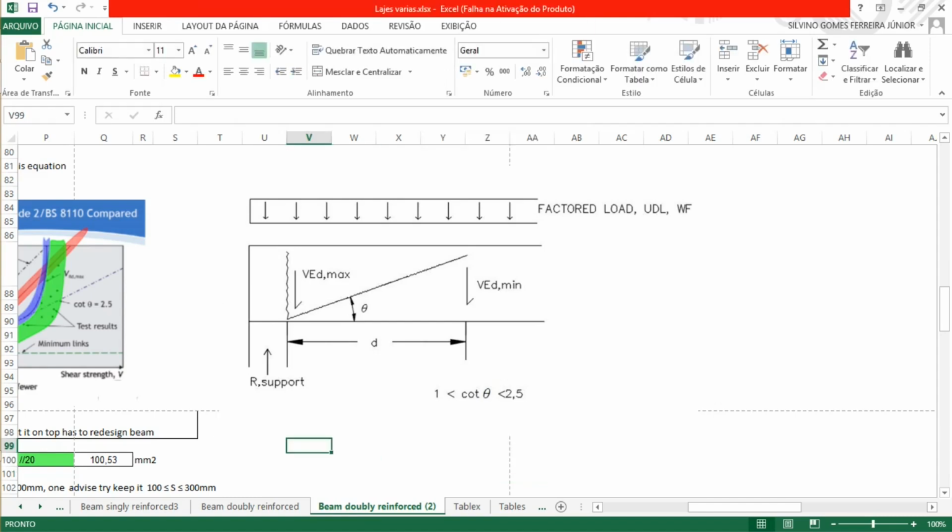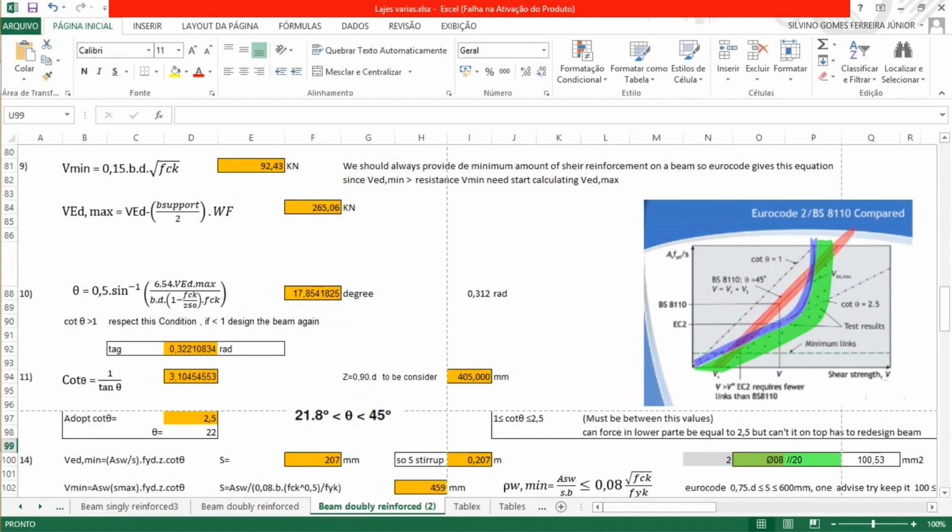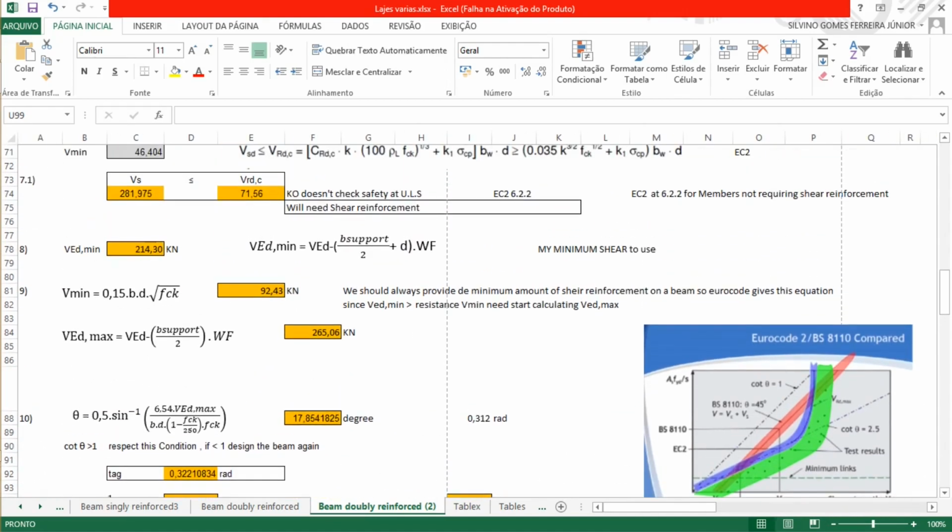So for this VED minimum we have the distance of D plus half of the width of the support.